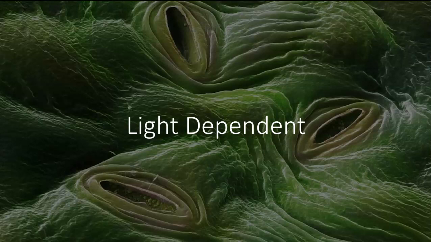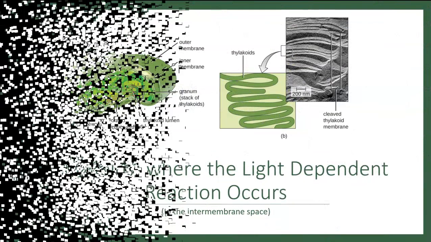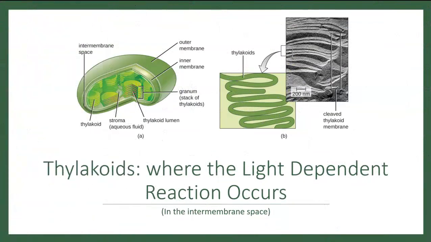Now let's start having a look in a bit more depth at this process of photosynthesis, this metabolic process, and we're going to start looking in more depth at the light-dependent stage. This occurs in the thylakoids, the stacks, the grana, of this double-membraned organelle.